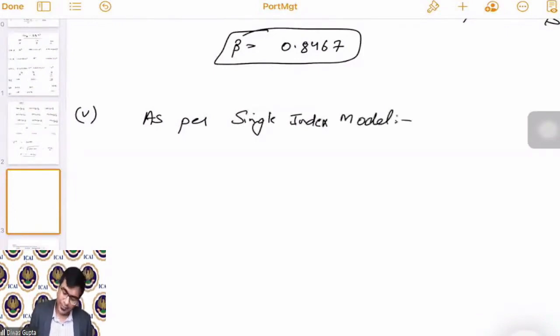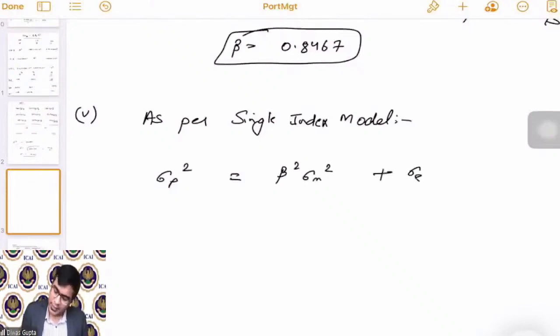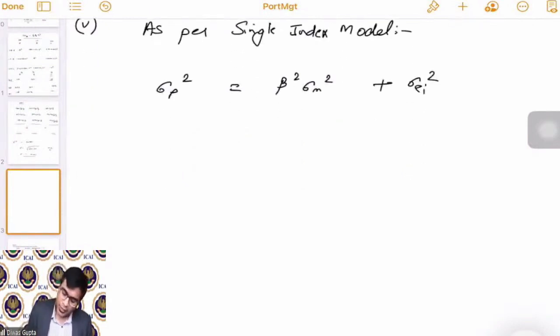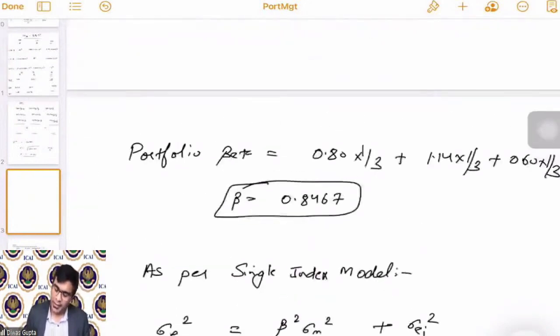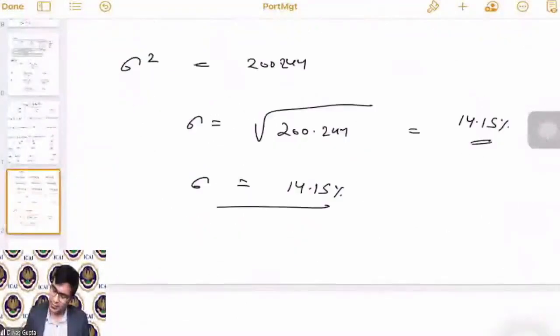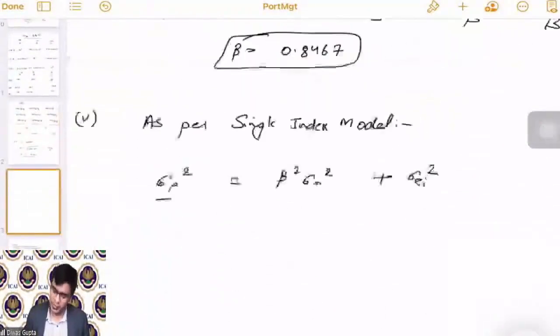We know that standard deviation of portfolio square is equal to beta square times standard deviation of market square plus unsystematic risk square. Correct? This is what we know as per the single index model. So this is already calculated in part 3 above, which is this 200.244.